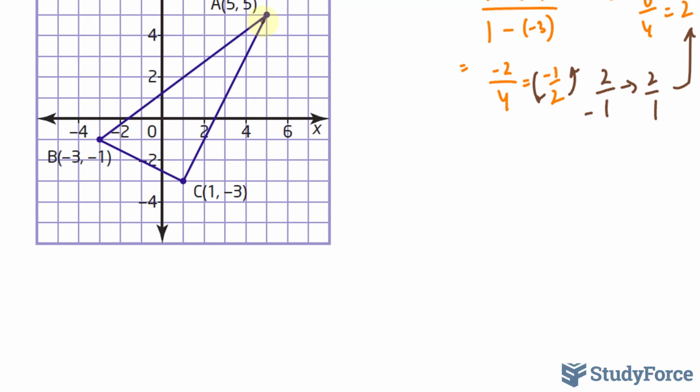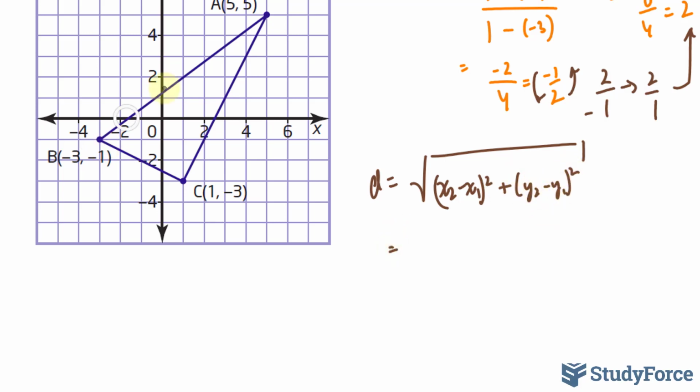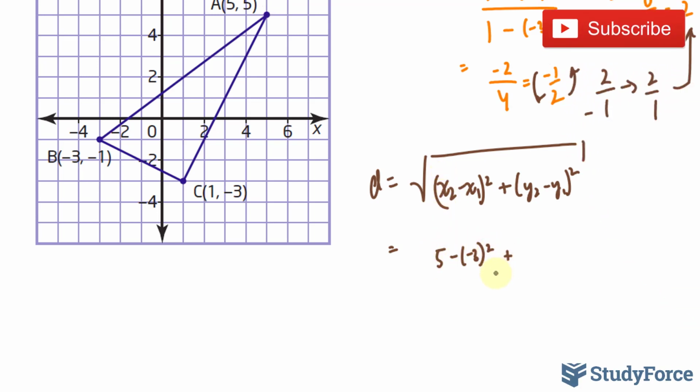To do that, we'll use the distance formula, which looks like this, where distance is the square root of x2 minus x1 squared plus y2 minus y1 squared. The distance from here to here will therefore be 5 minus negative 3 squared plus y2 is 5 minus negative 1.